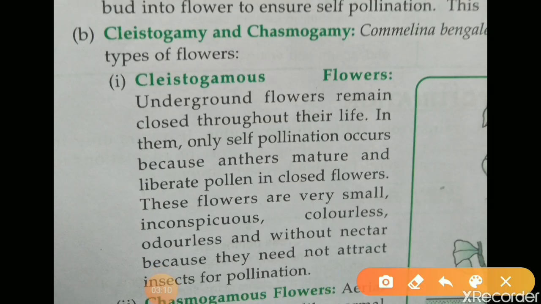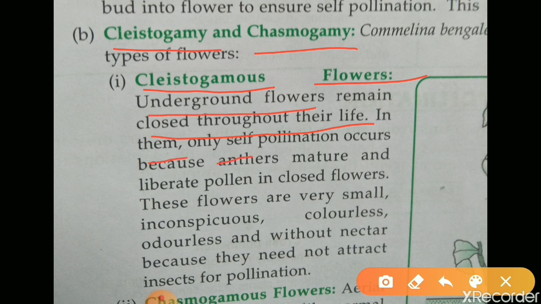Next we can learn about cleistogamy and chasmogamy. First we can learn about cleistogamy, or the characteristic features of cleistogamous flowers. Cleistogamous flowers remain closed throughout their life and they are underground flowers.